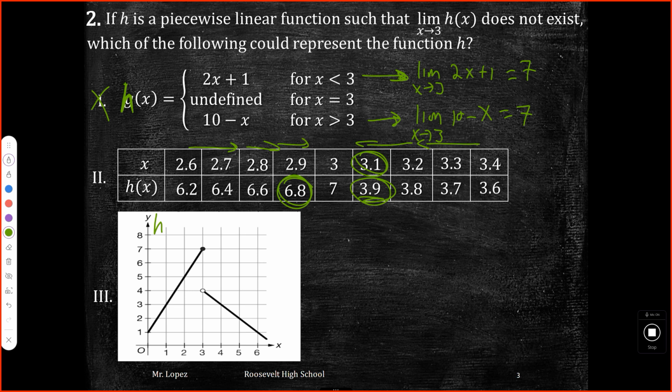But it seems that it's a limit that does not exist, so this could be a possible answer. Let's go to 3. As we come from the left, the limit is 7, and as we come from the right, the limit is 4. Definitely different limits, so it does not exist. This one also is a possible answer.